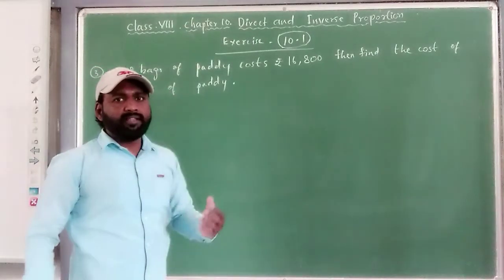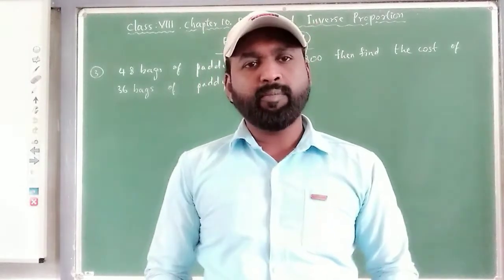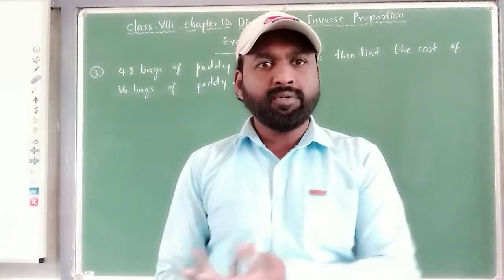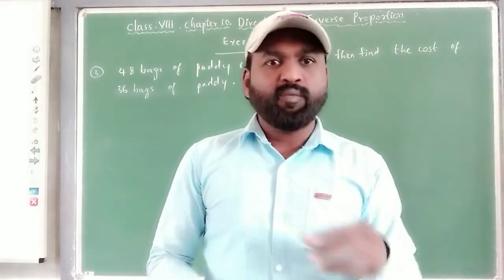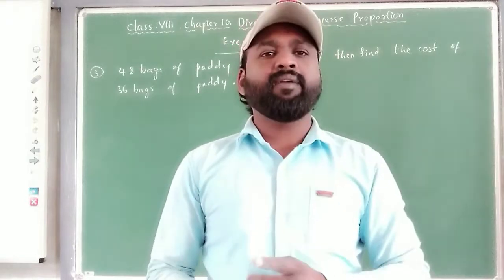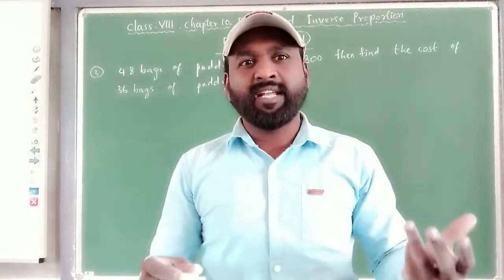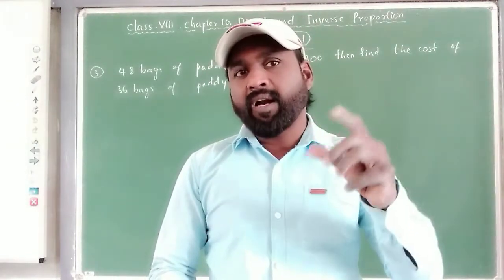So how to find this? In our previous classes, when we did not know about proportion, direct proportion or inverse proportion, we used to do this kind of problem. First of all, we find the cost of one bag, then how much is the cost of the number of bags required. That method is called the unitary method.